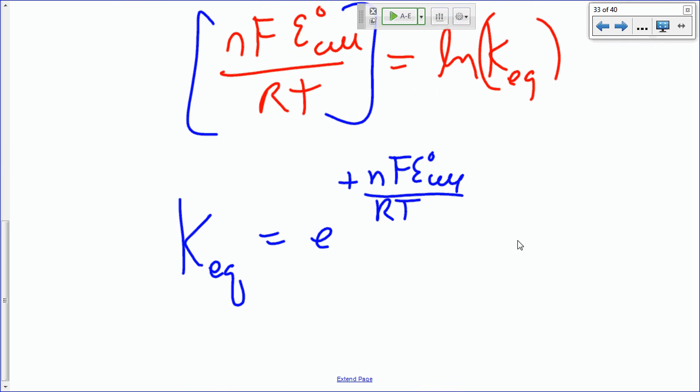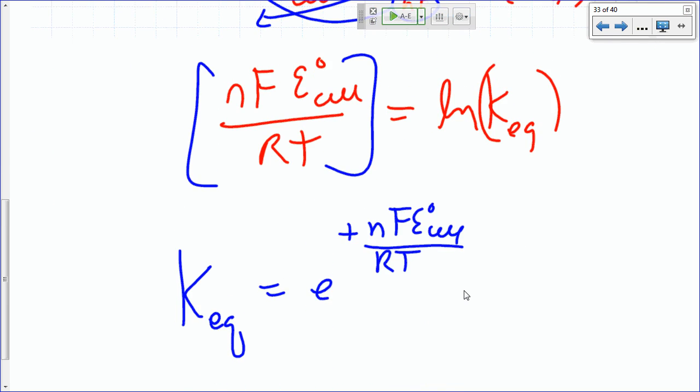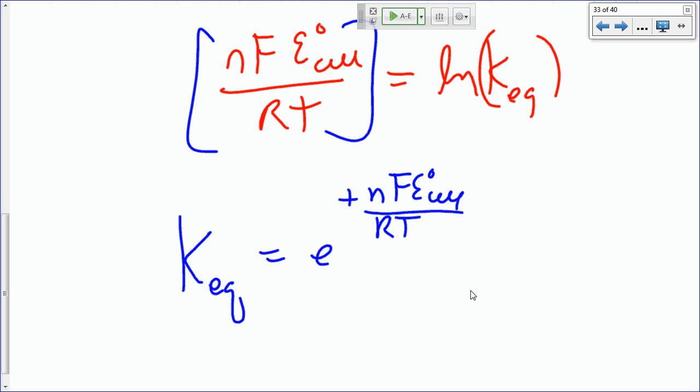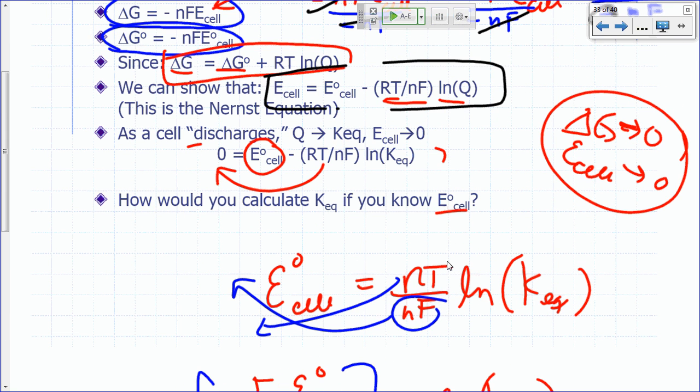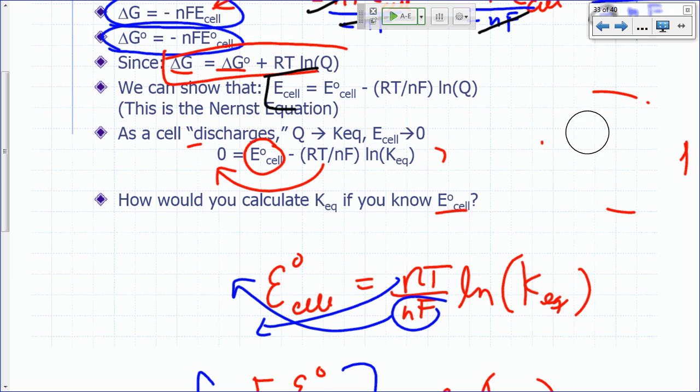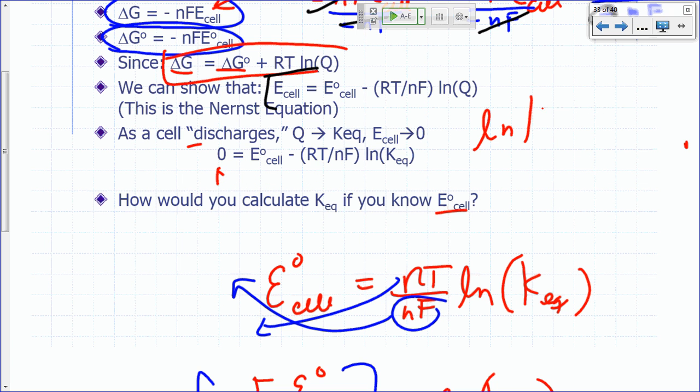Or, remember you also said that instead of ln k, you can use base 10 logs. The alternative form of your Nernst equation, what was it? Here's a math review. Ln of k would be equal to 2.303 base 10 log of k. So if you take base 10 log, you multiply by 2.303, that gives you natural log.